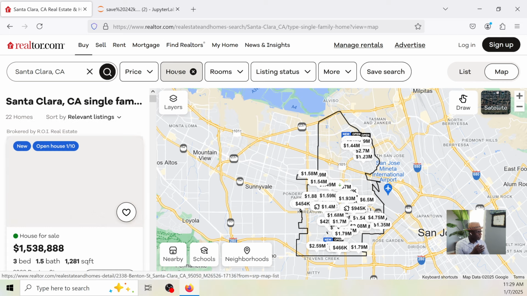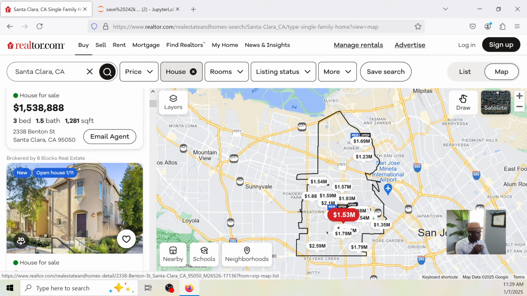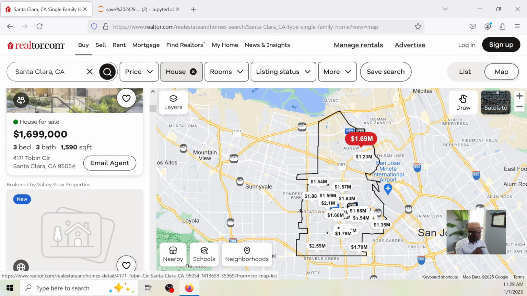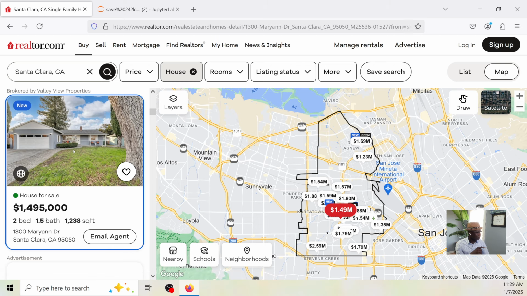So filtering just for houses, we see that our results have reduced to 22 homes. Thankfully, the first 2 are still the ones that we looked at previously as homes. And now this one's a 2-bed, 1.5-bath for 1.495 million. Let's take a look at this last one.